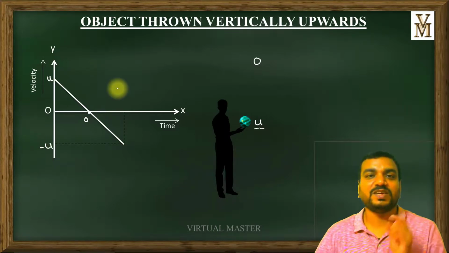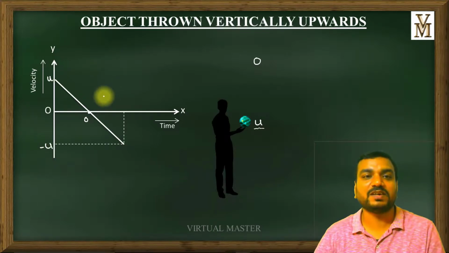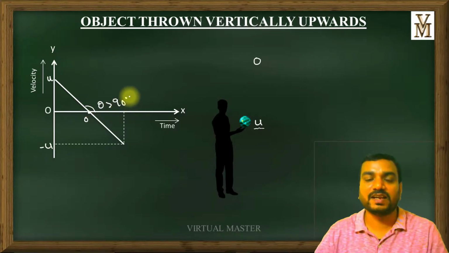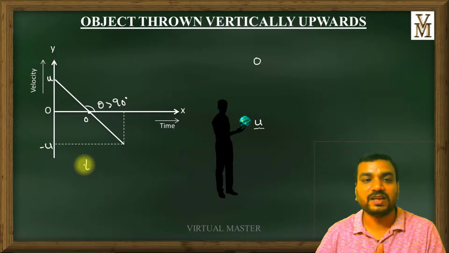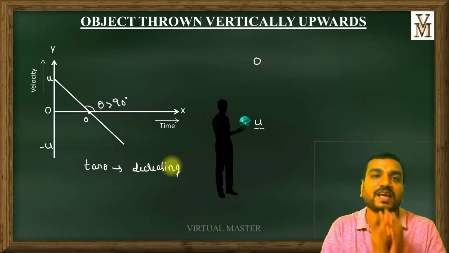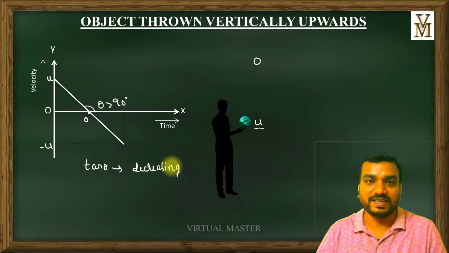Now, in this case, the angle made by the curve with the x-axis, theta, will be greater than 90 degrees. So if theta is greater than 90 degrees, naturally tan theta will be decreasing. If tan theta is decreasing, naturally the acceleration will also be decreasing.